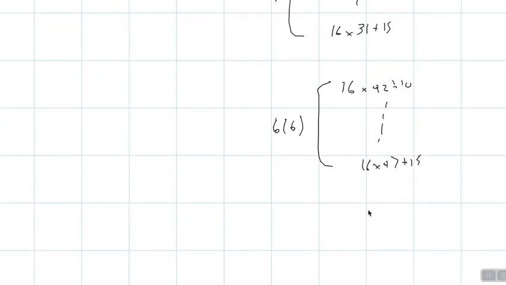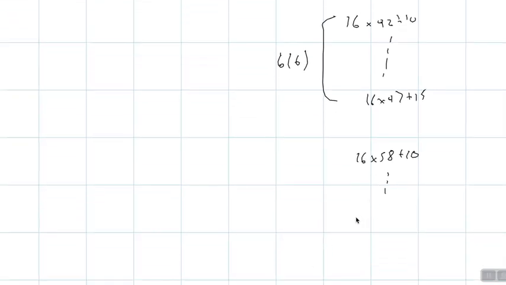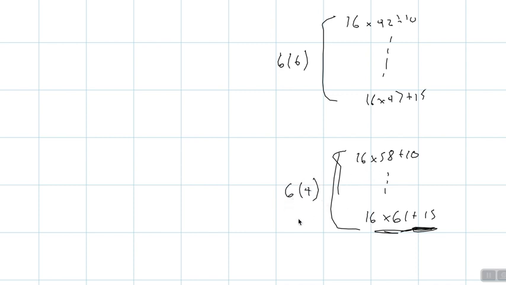And then considering back to the 16 times 58 plus 10, all the way down to the 16 times 61 plus 15. And then this is the last number that we would have double counted. And so from this, there are 6 times 4 that we would have double counted.